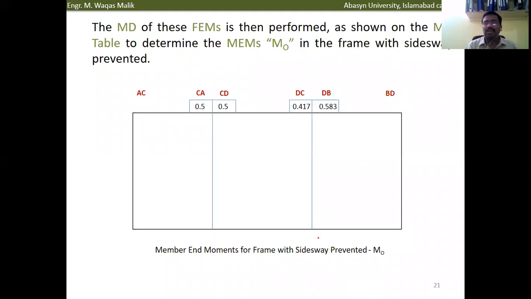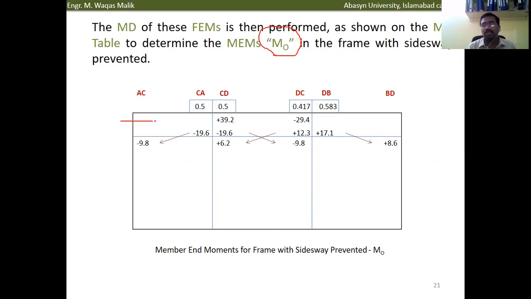Once we have the values of the fixed end moments and the distribution factors, we are going to draw the moment distribution table to find the values of M naught. In the first step, we mention the values of the fixed end moments that we found, the only two values that we have.